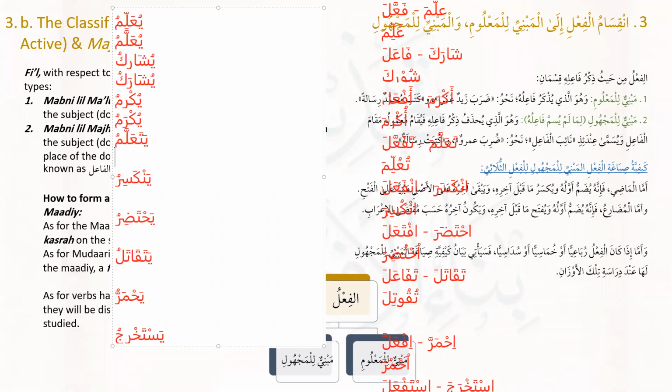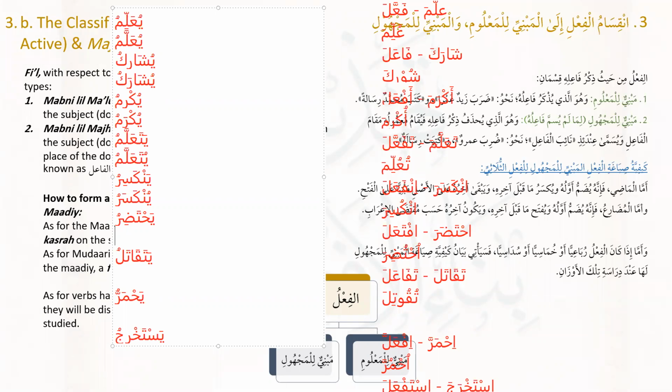Now, what will be the مبني للمجهول form of يتعلم? نعم, it's easy. يتعلم. فمثلا يتعلم علم الصرف. يتعلم, the ilm of sarf is being learnt. ينكسر, let's say if it has مبني للمجهول, what will be the صيغة or form or pattern of ينكسر in مبني للمجهول state? ينكسر. أحسنتم, بارك الله فيكم.